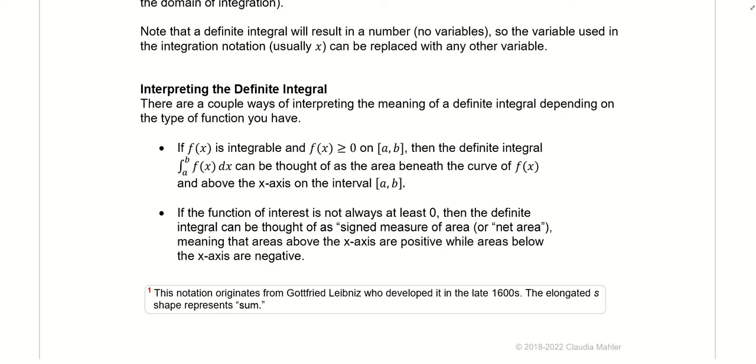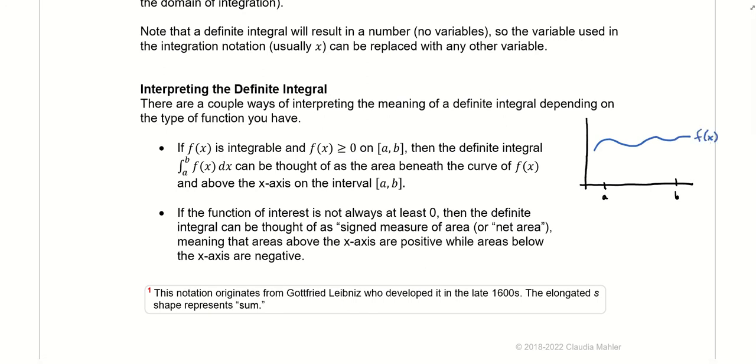Let's say your function is integrable and it's above the x-axis, so greater than or equal to 0 on a to b. So maybe we have something like this. So here's our little plot. Here's a, here's b, and our function is above the x-axis on that interval. So maybe it looks like this, just kind of a basic shape.